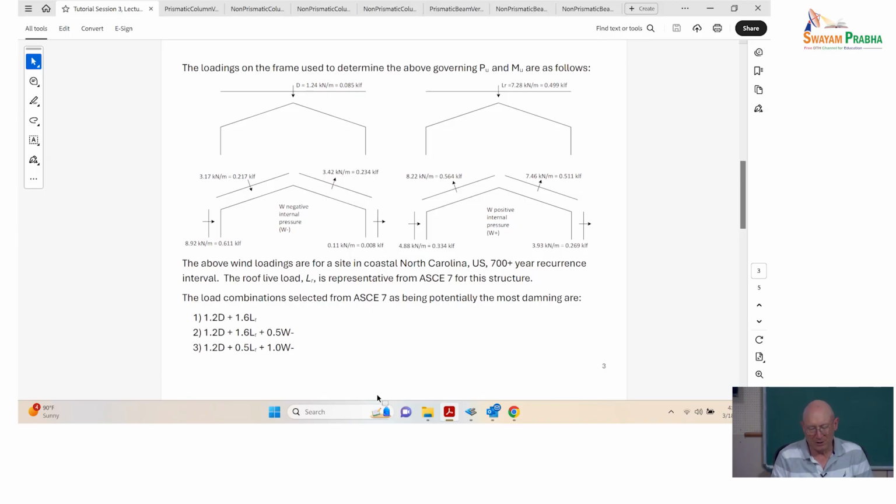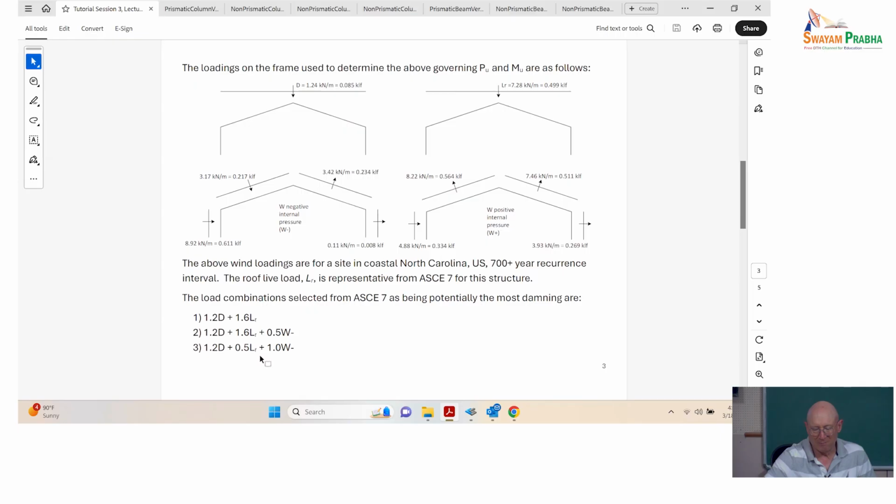The third load combination that I included is 1.2 dead plus 0.5 live and then plus 1.0 wind. Now, if you're not familiar with ASCE 7 wind, it's basically a 700 plus year recurrence interval that's used with a factor of 1.0 in the current ASCE 7. And so that's our design event for strength that we're working with, a load factor of 1.0 for wind.